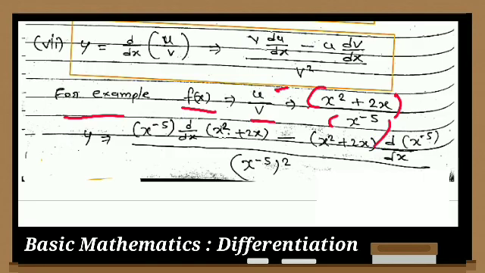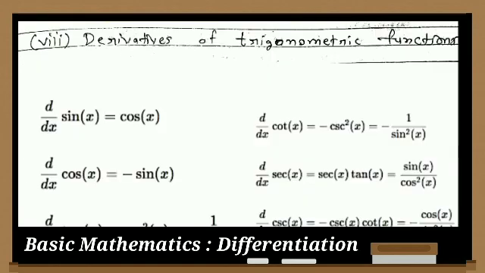So the differentiation is v, that means x minus 5, times d upon dx of u, where u is x square plus 2x, minus x square plus 2x times d upon dx of x minus 5, that is v, upon v square, that means x minus 5 whole square. Is it clear to you?